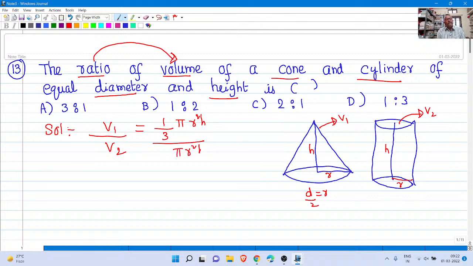Pi r square h cancel. We have 1 upon 3. So the required ratio is 1 by 3, which we can write as 1:3. So this is our answer. So D is the right option. I hope it's very clear to you. Are you there?